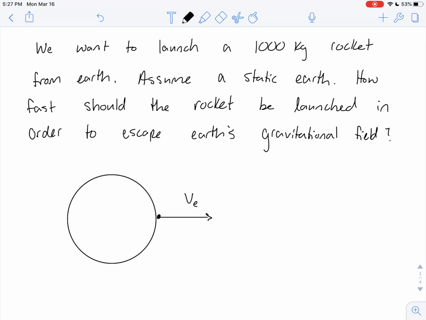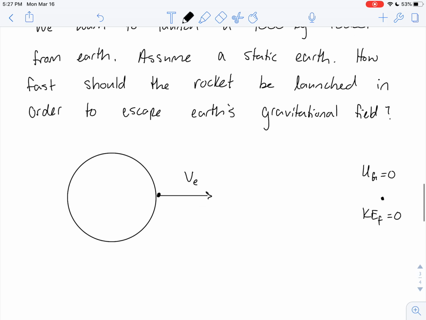In order to figure this out, we know that if we want the minimum speed required to escape Earth's gravitational field, then what we want to do is set, infinitely far away, the potential due to gravity equal to 0. And if we want to just barely make it out of Earth's gravitational field, then we also want to set the kinetic equal to 0. So both of those will be 0.